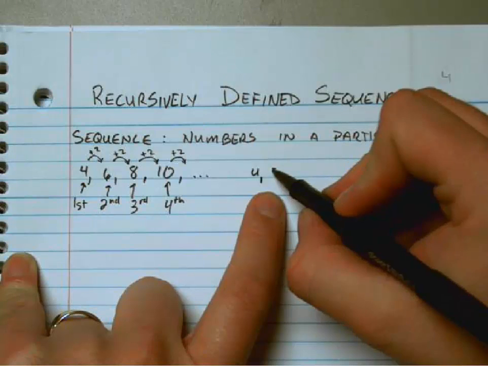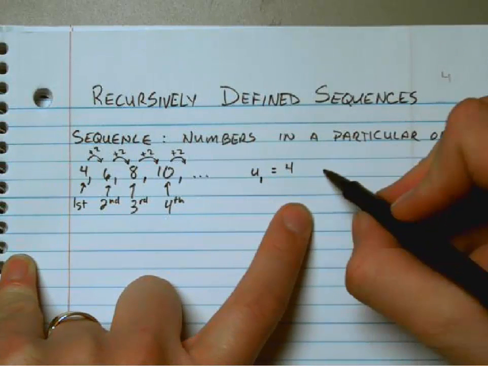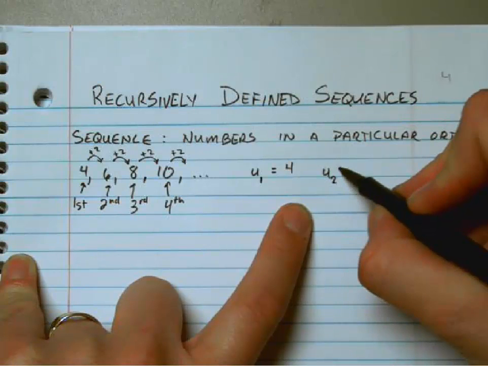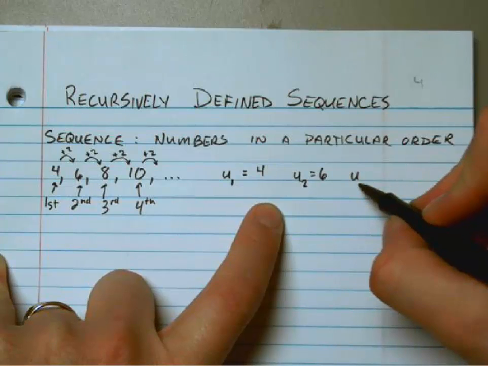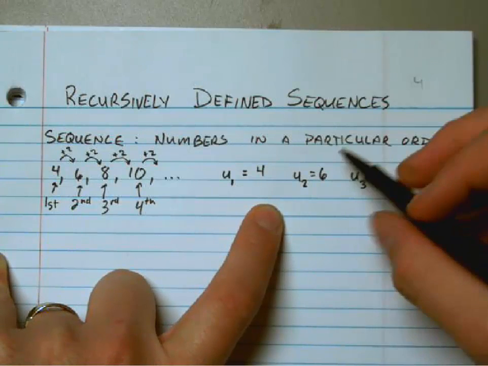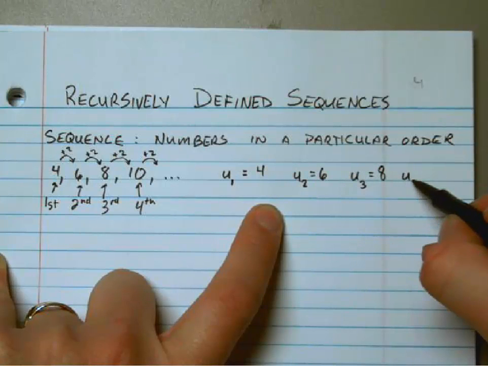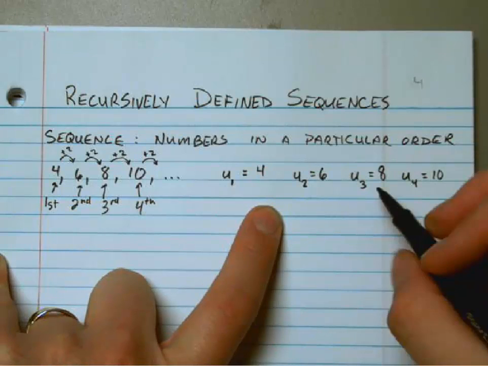So what's the first U? Well, the first U is 4. What's the second U? U sub 2 is 6. U sub 3 is the third U. That's 8. U sub 4 is the fourth one. That's 10.